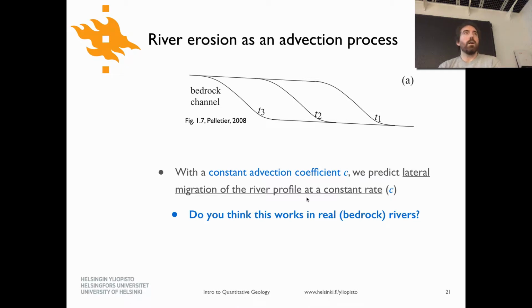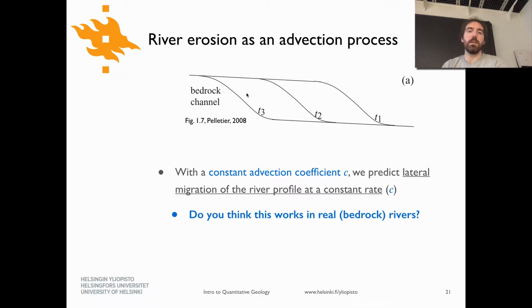So why might that be? What might prevent something like a river from migrating at a constant rate? In this case, if the advection coefficient is constant, then the river just keeps its shape and migrates infinitely across the landscape.